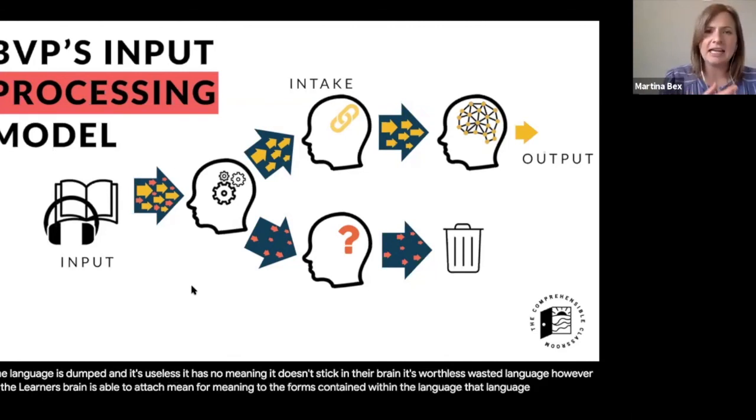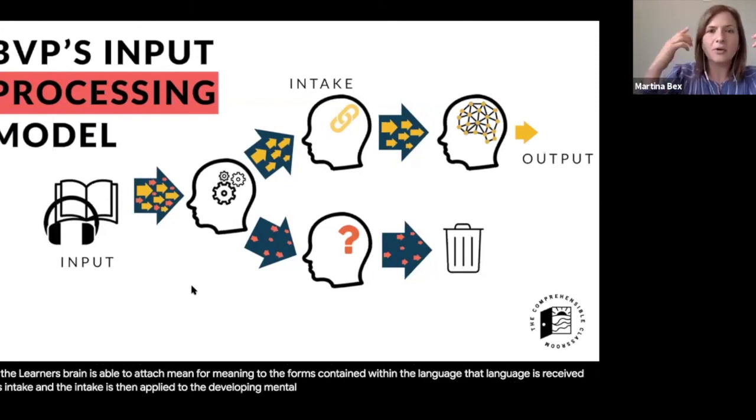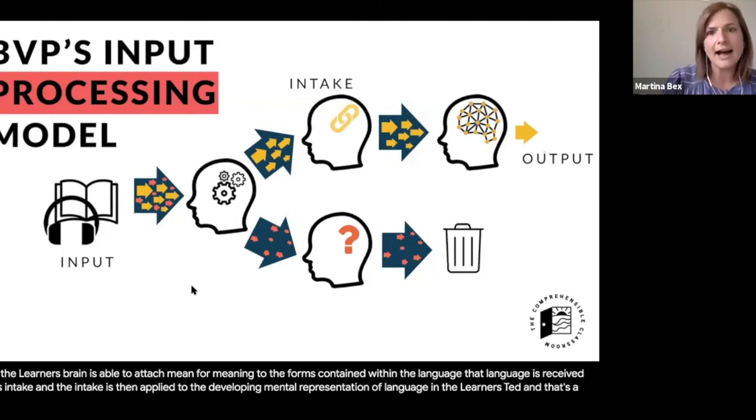The intake is then applied to the developing mental representation of language in the learner's head. And that's actually the learner's version of the language as it exists in the real world, inside their head. So in my head, I have a mental representation of English, and it's very complete. My English proficiency is very high.